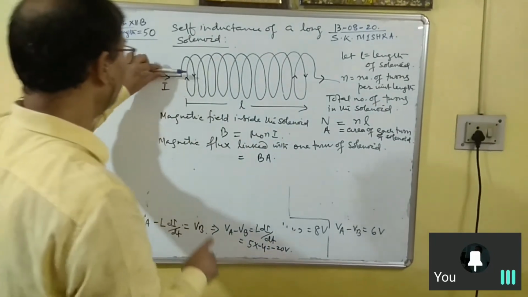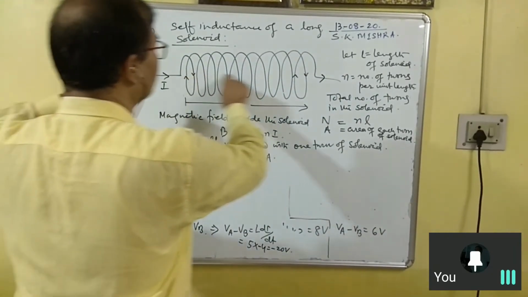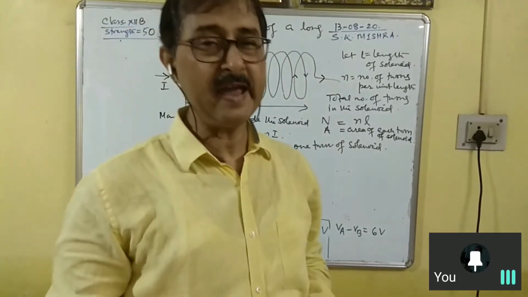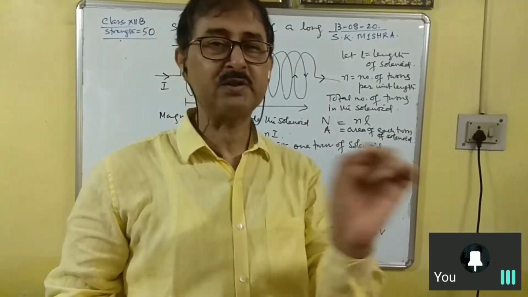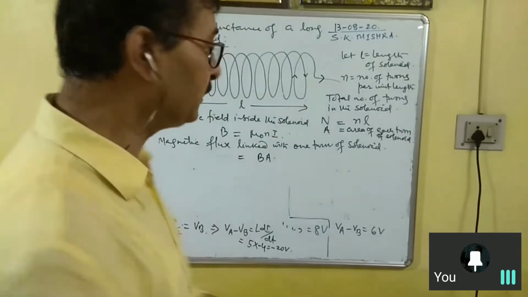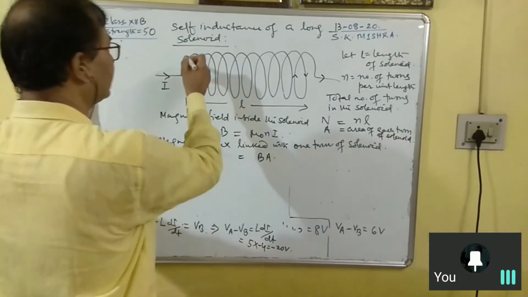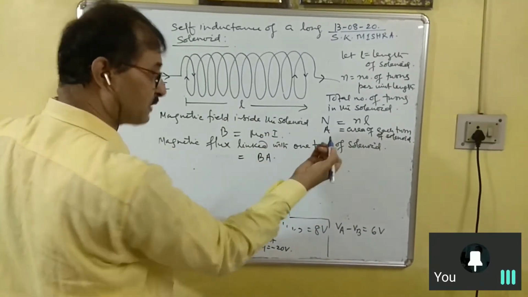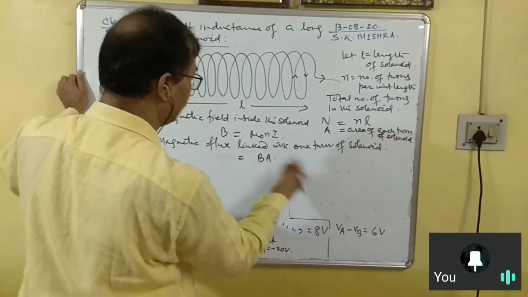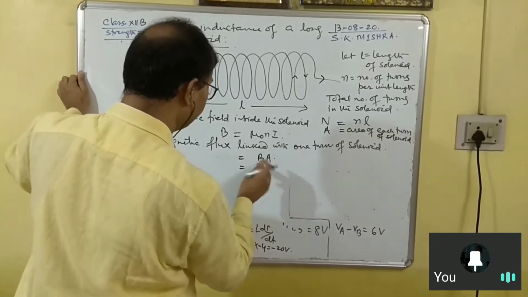Magnetic field is along this direction, and the area vector of this turn is also along the same direction. The moment you put theta 0, BA cos theta means B into A only: magnetic field into area of one turn. If R is the radius of solenoid, then you can write area as pi r square. Lastly, we will put the value of area, pi r square, and then B is mu naught, and I will put it in the last.